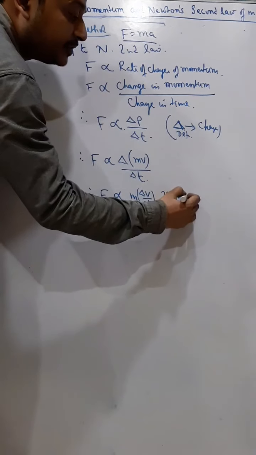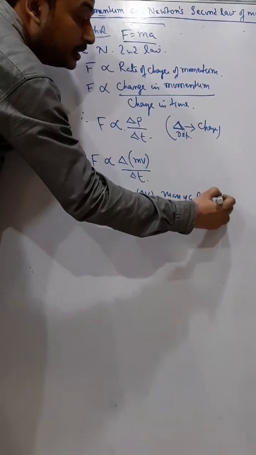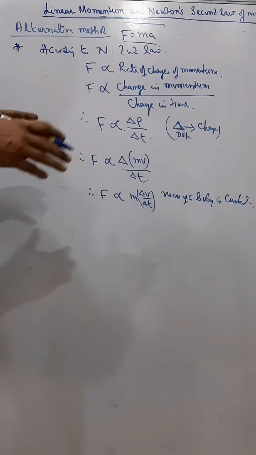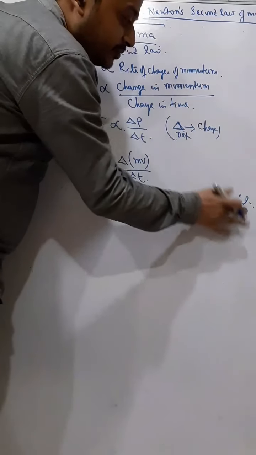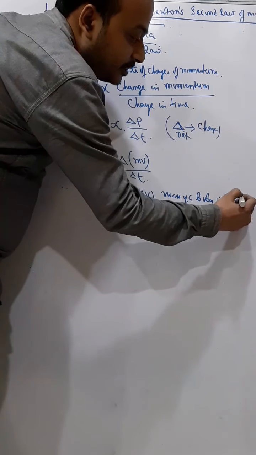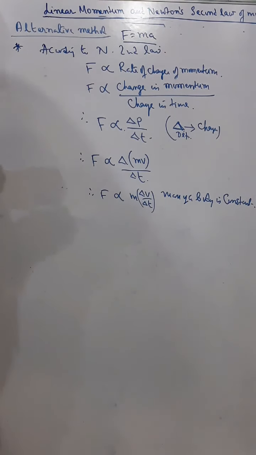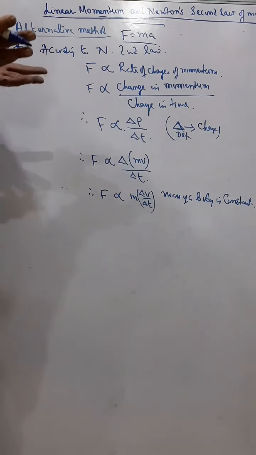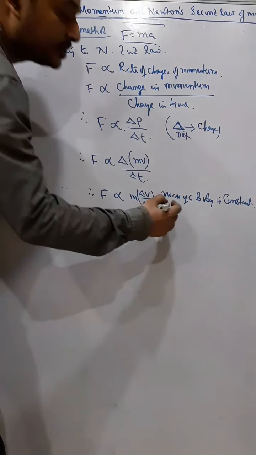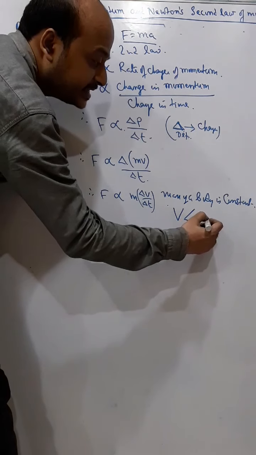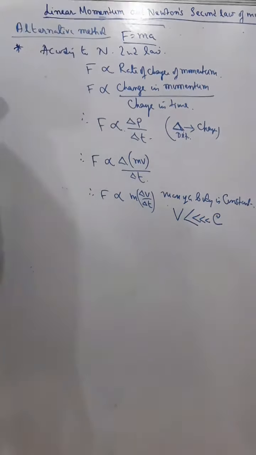Because the mass of a body is constant; mass does not change. We have learned that mass does not change, but mass changes in a special case. But in every normal case that we know, generally the mass of a body is constant. The mass of a body is constant when the velocity of the body is much less than the velocity of light.